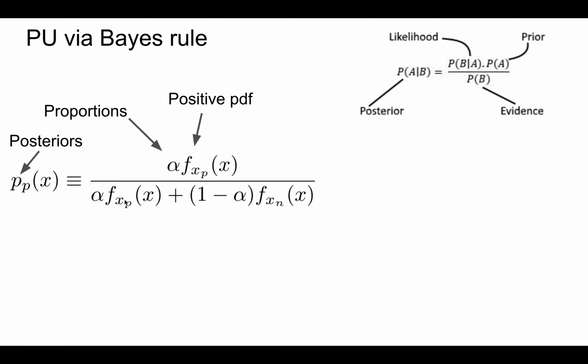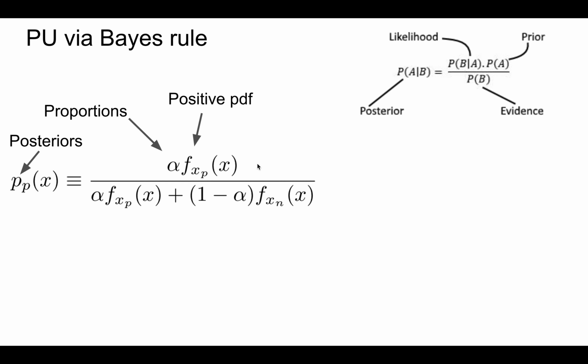And in the bottom we have the same term for the positive data, and then another term for the negative data. Now the main insight is that we could want to estimate these two densities from the samples. However, we don't have the sample for the negative data.